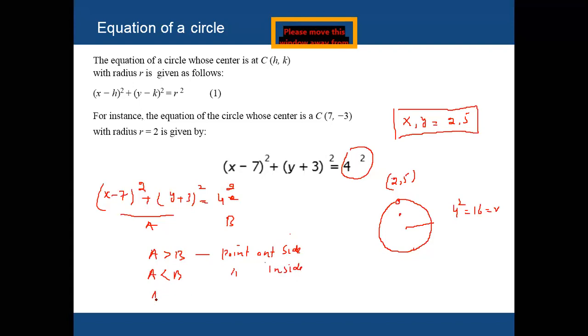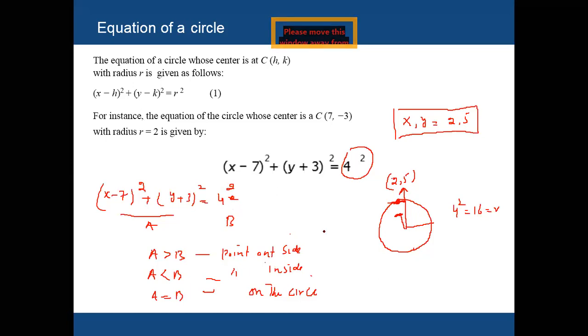And if both are equal, A is equal to B, then the point lies on the circle, on the circumference of the circle. Correct? Right side greater, so points are outside because greater than the radius. If, for example, points are inside, the right side will be less than the radius. And if equal, then on the circumference of a circle.